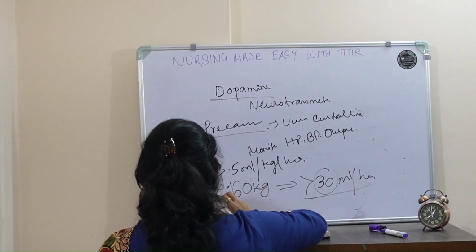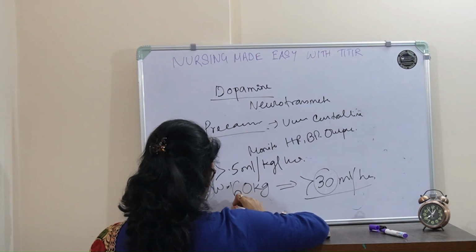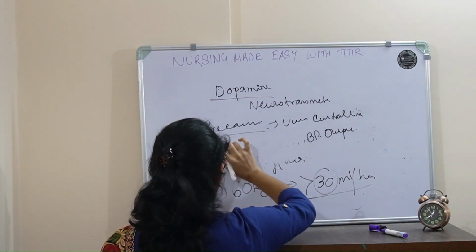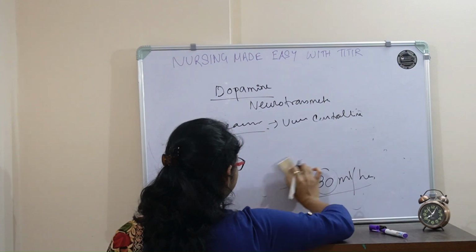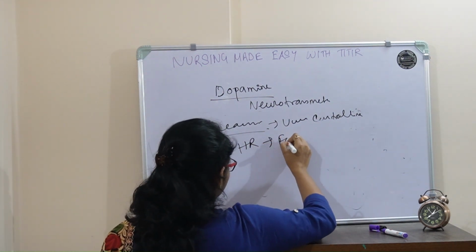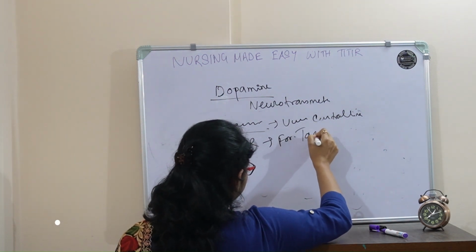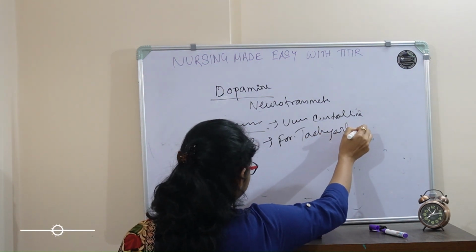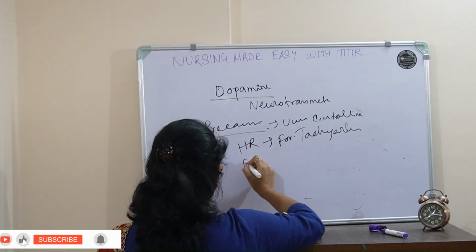And what are the things you have to monitor? There is a chance of arrhythmia, so monitor the heart rate for any tachyarrhythmia, and electrolyte imbalance.